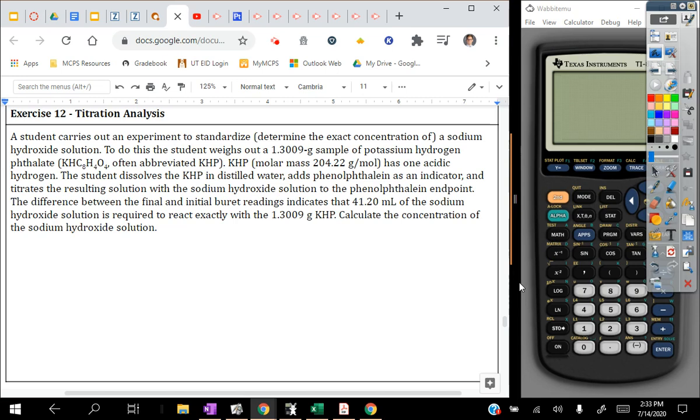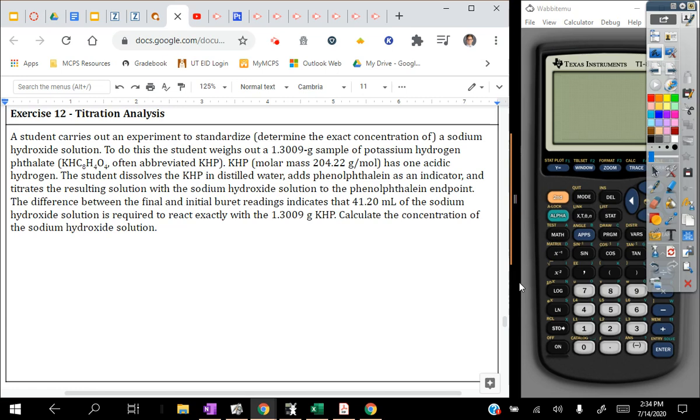So if I add a known amount of acid to base of an unknown molarity, I can then determine the molarity of my unknown sample. I could also use it to provide analysis of other things such as standardized solutions. Let's read through this example in exercise 12, and then we'll discuss why we need to standardize solutions.